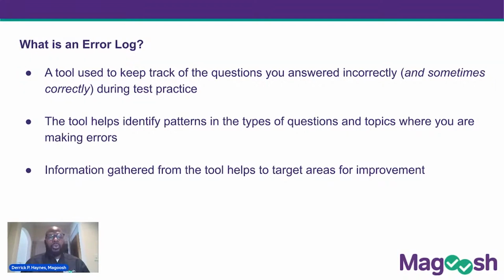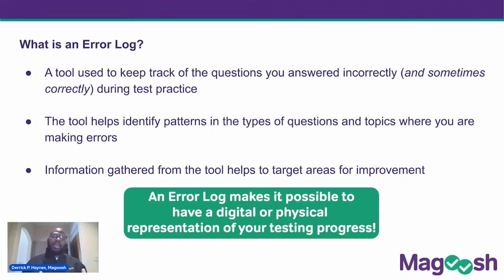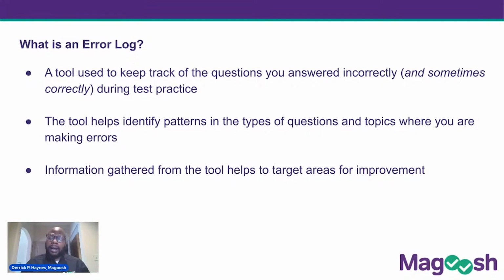What is really interesting about an error log is that it makes it possible for you to get categories of questions and have a physical or digital representation of your testing progress. The error log makes it possible for you to capture these questions that you may have gotten wrong or sometimes correct, right?